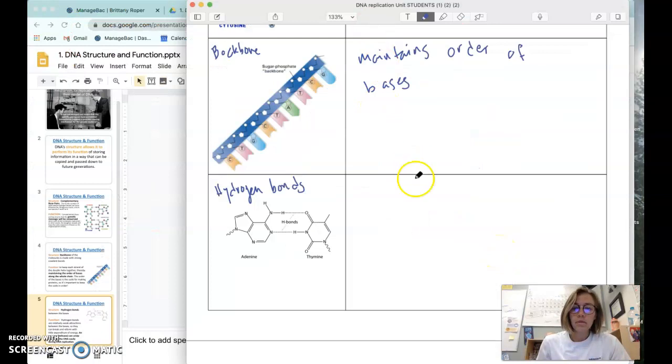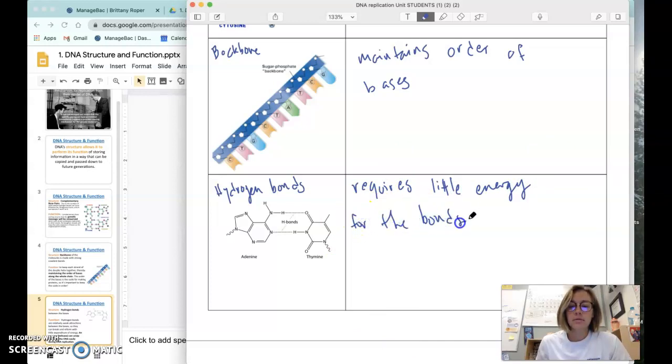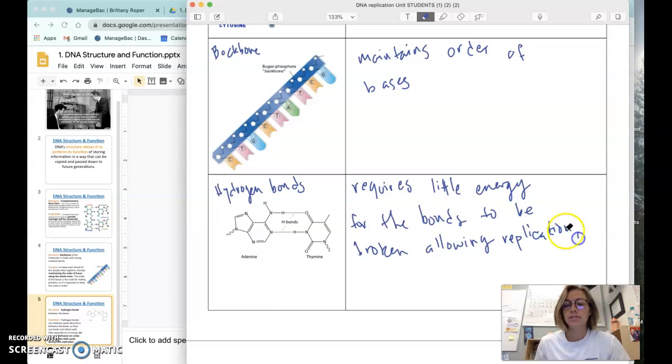So this requires little energy, which remember, energy is very important, requires little energy for the bonds to be broken, allowing for easy replication, and don't forget transcription and translation as well. Actually, transcription.